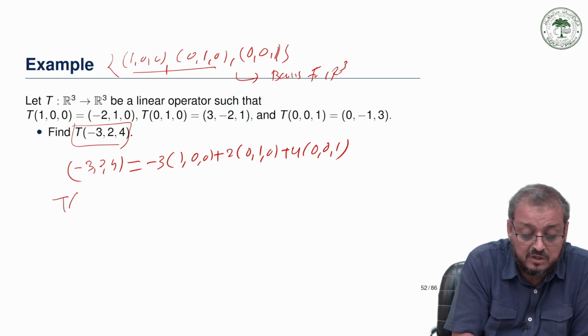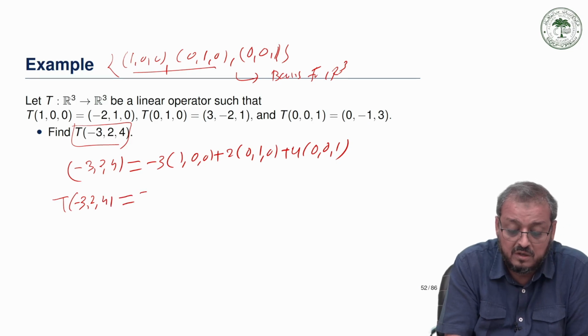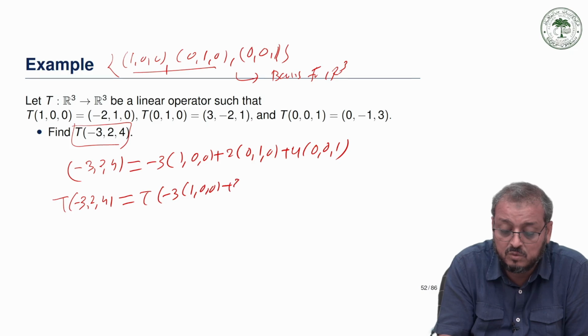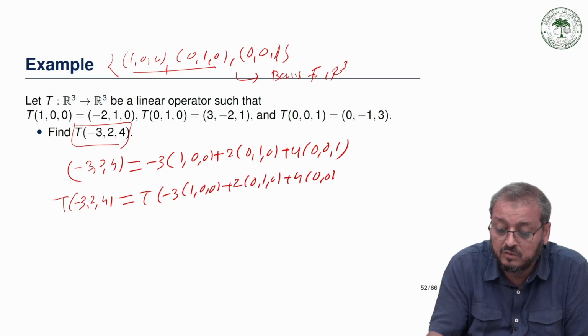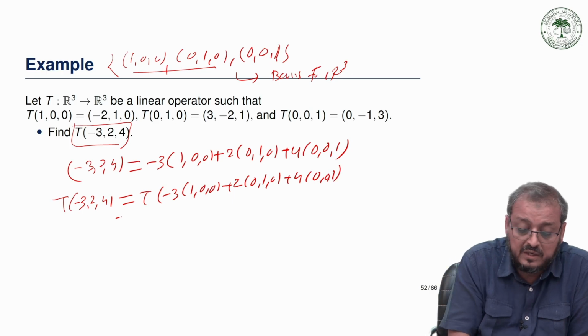So T of (-3, 2, 4) is T of -3 times (1, 0, 0) plus 2 times (0, 1, 0) plus 4 times (0, 0, 1), and T is linear.